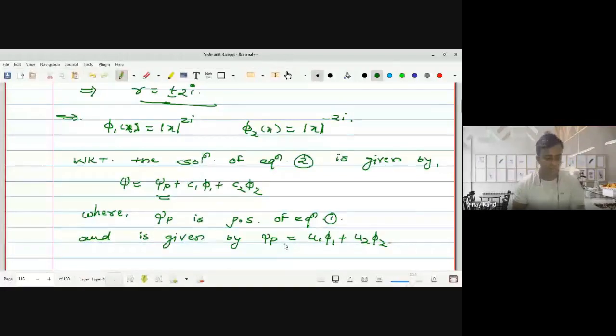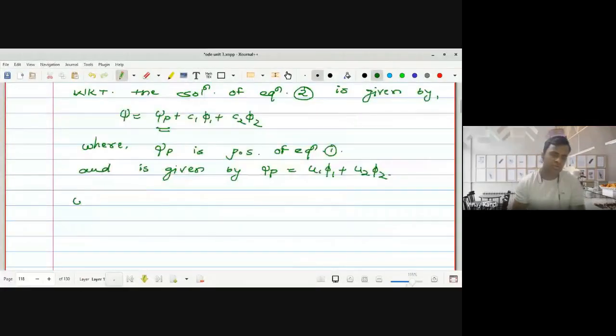We found u1 and u2 in the earlier chapter. Here u1 and u2 are unknown functions to be determined.